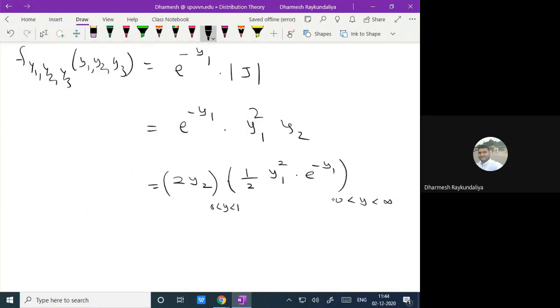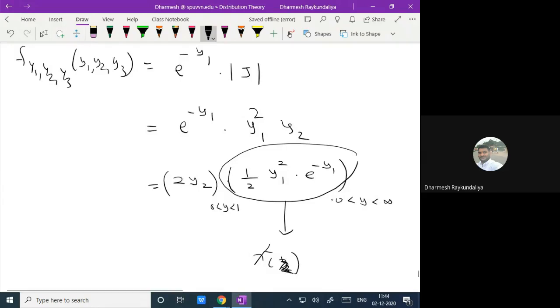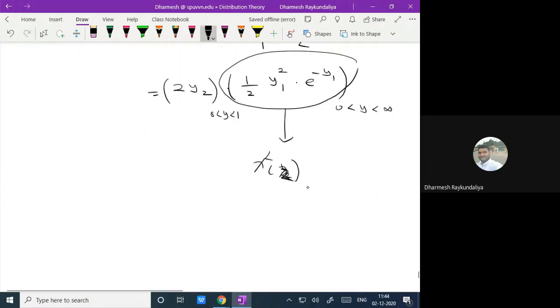So can you see this, what is the form? What is the distribution this stands for? It is chi-square with half. Is it? Sorry, chi-square with 2 degrees of freedom. Because what is the distribution of chi-square?